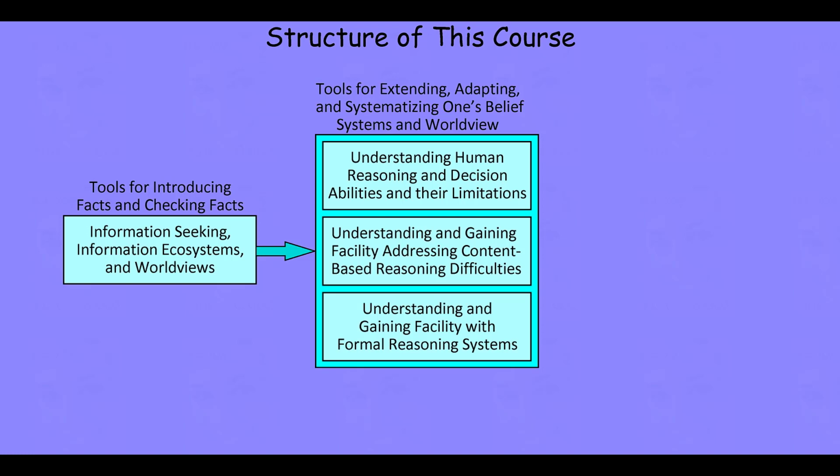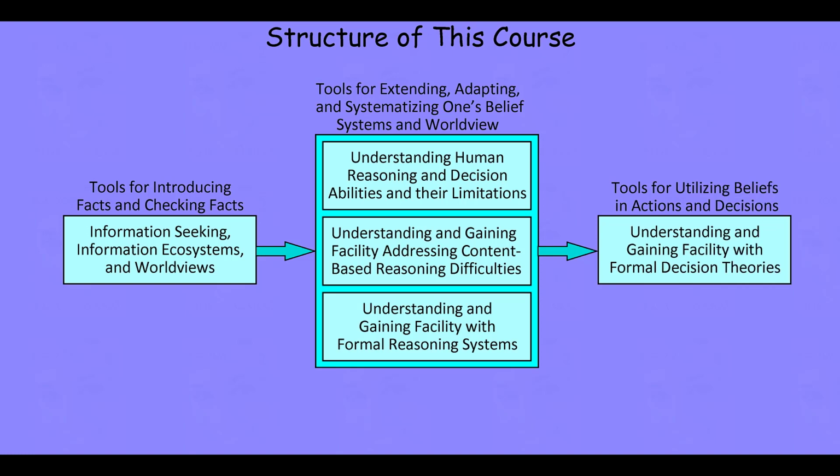And then we'll understand and gain facility with formal reasoning systems that provide us with an alternative strategy for formulating or evaluating inferences that aren't the same cost-benefit trade-offs as our native abilities.